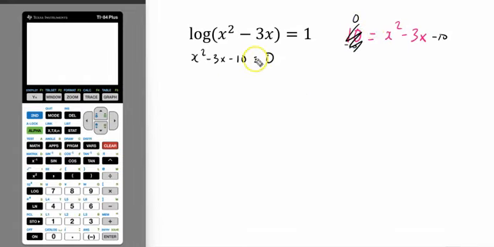Now, I can solve this for x either by using the quadratic formula, or I could just try to factor it. Are there two numbers that multiply together to give me negative 10, but at the same time add up to give me negative 3? And yes, there are, negative 5 and positive 2.